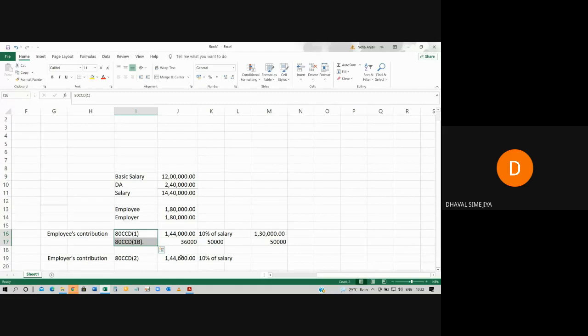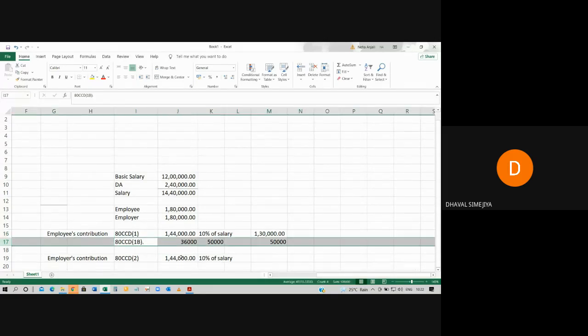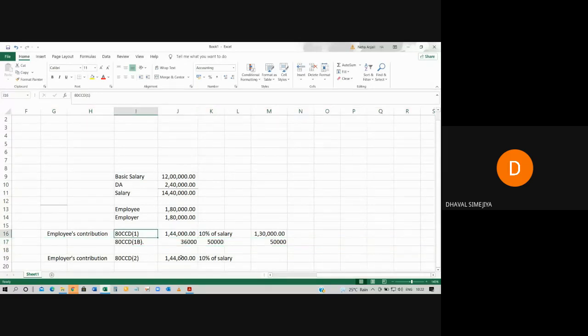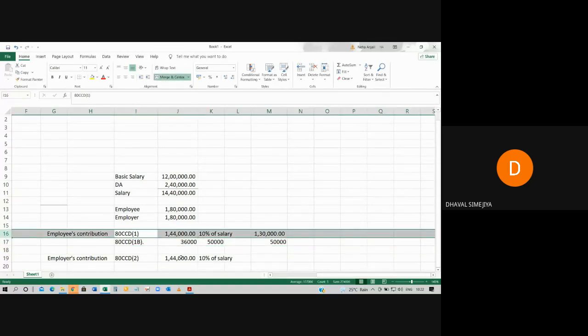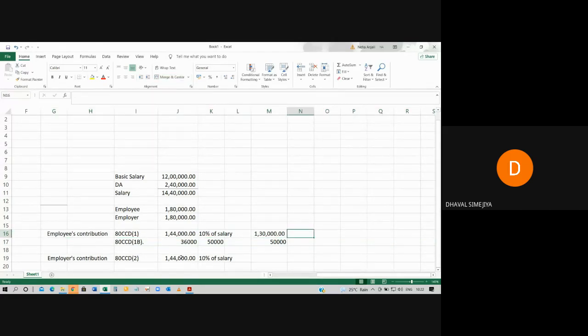Which will be beneficial for me to fulfill first? So I will fulfill 80CCD1B. 50,000 I will disclose in 80CCD1B only. Now the remaining amount I will show in 80CCD subsection 1. Still I will have a balance of 20,000 rupees.